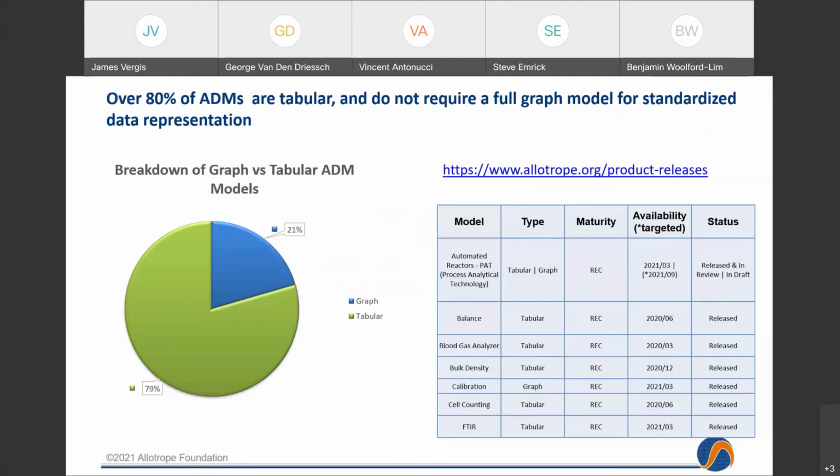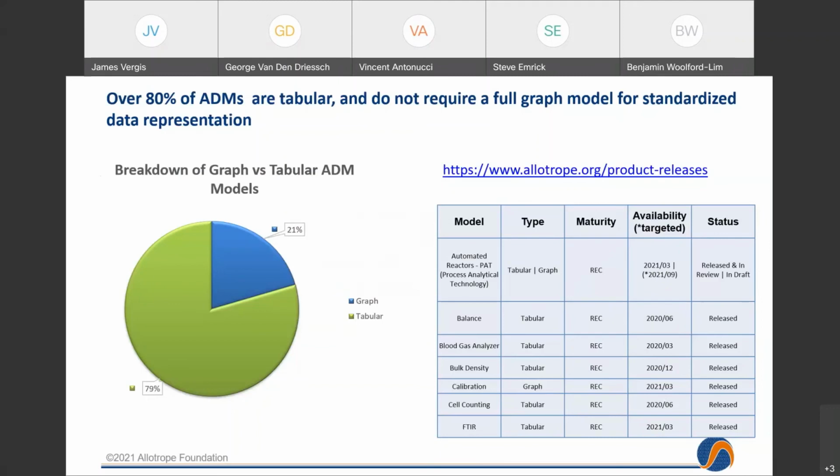And to kind of hit that point home a little bit more, I took a look at the product releases page on the Allotrope website, and it turns out that around 80% of the models in Allotrope are tabular models that can be converted to ASM that don't require the full graph implementation.